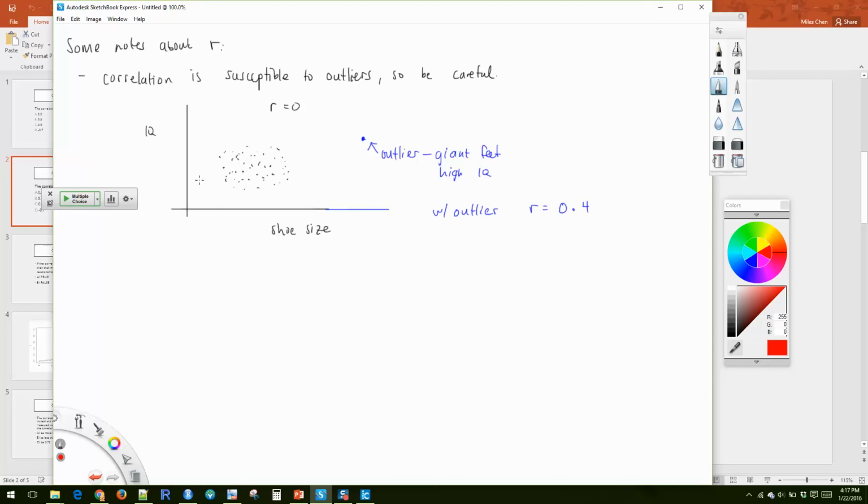Originally you would get something flat going through here, but now with this outlier, a trend line would look something like that, trying to accommodate that point. So you might get some kind of correlation. So be careful in your analysis.